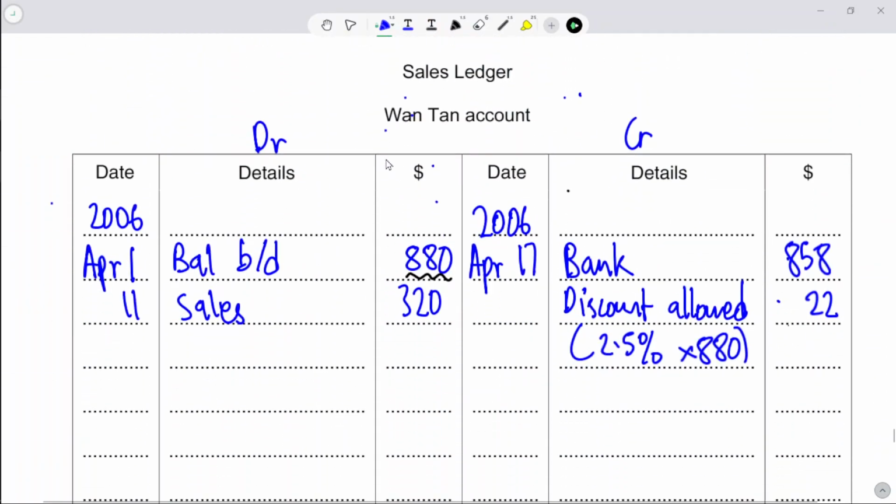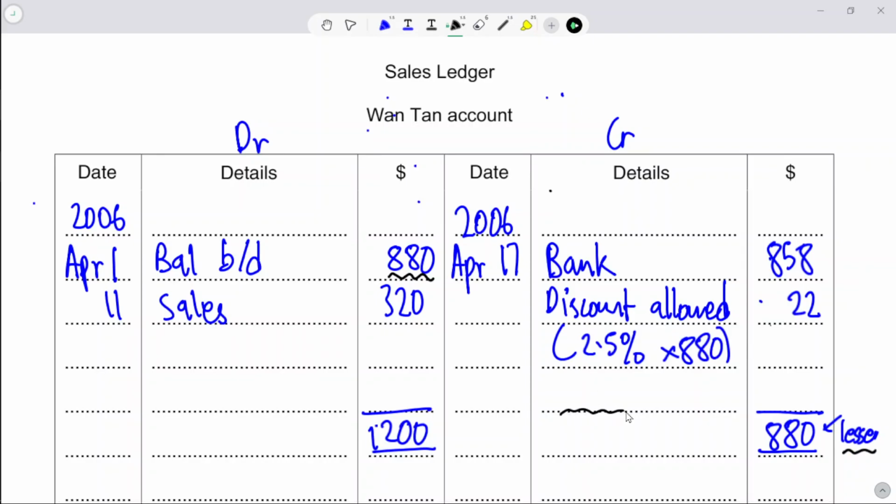Let's balance the account. 880. So this one will be 1,200. So this is lesser.